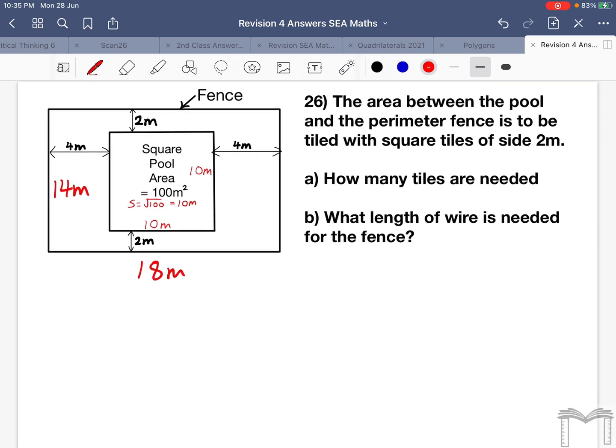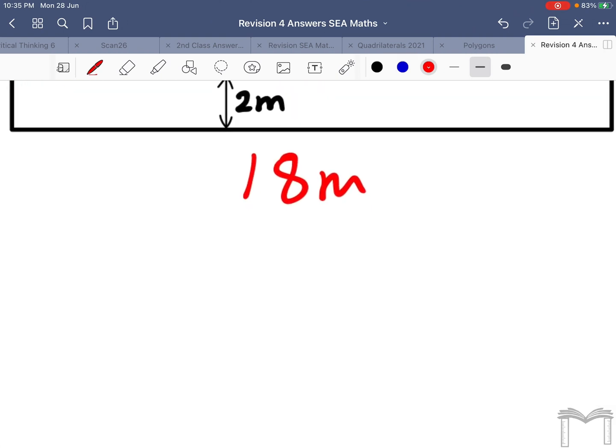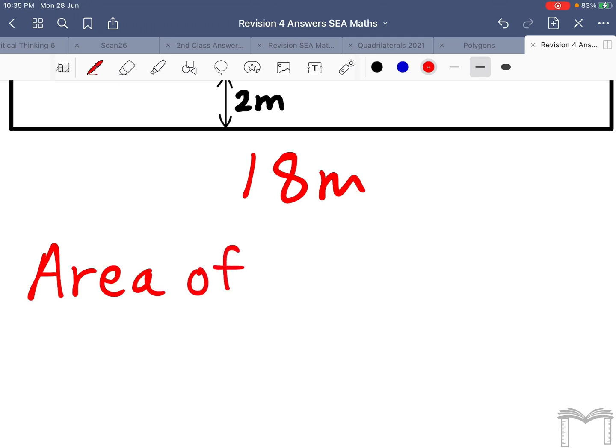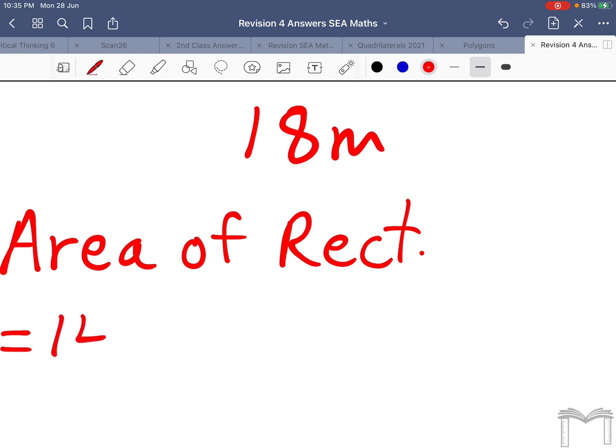So we can use that to find the area of the outer rectangle. So area of rectangle is equal to 14 times 18. 14 times 18 will give us 252 meters squared.